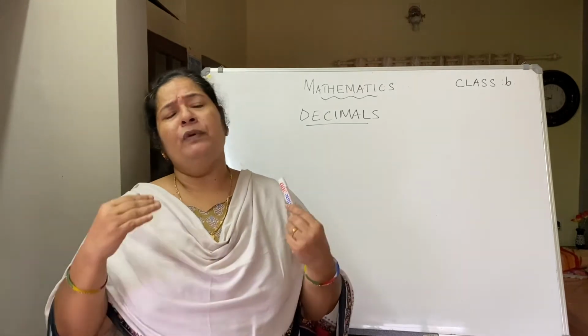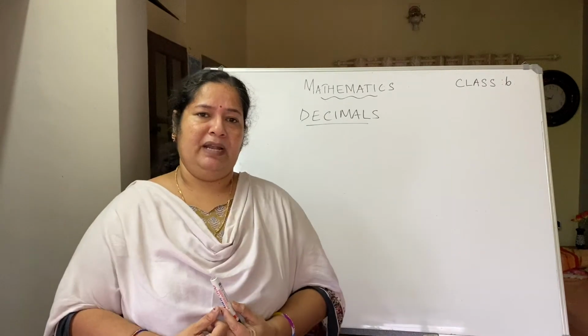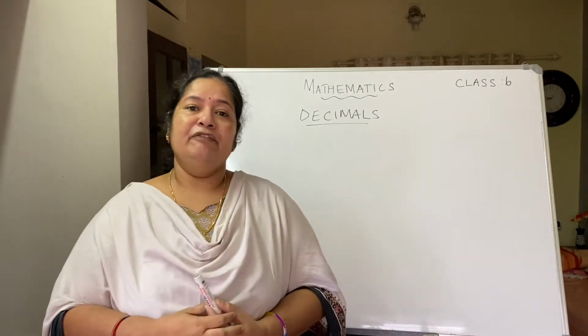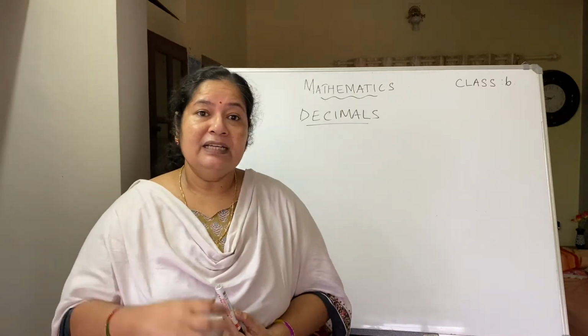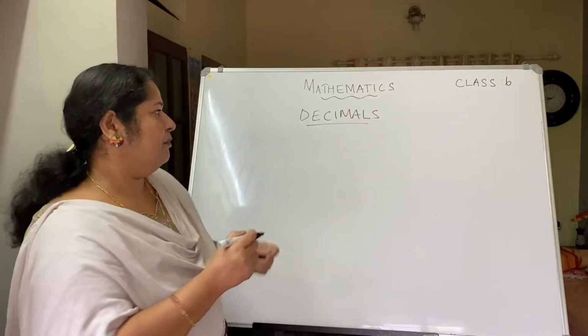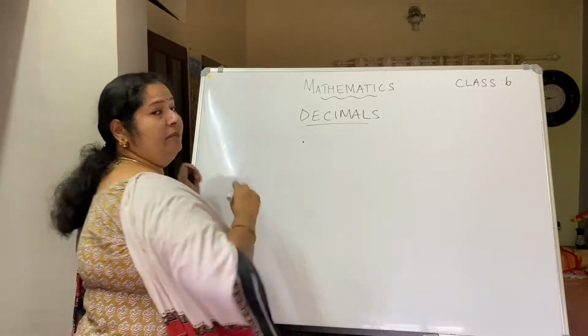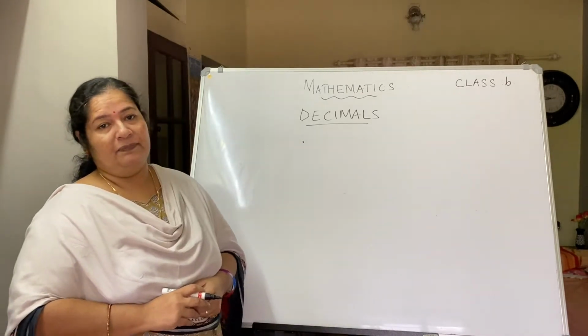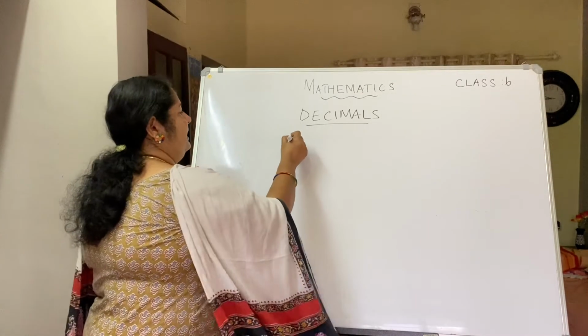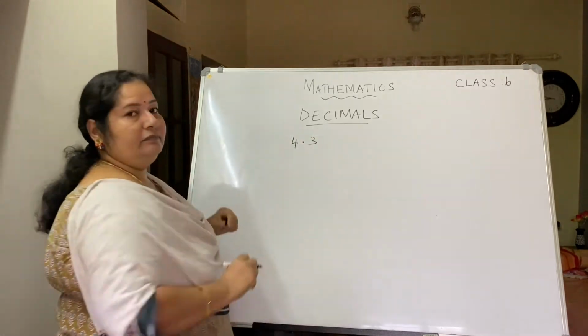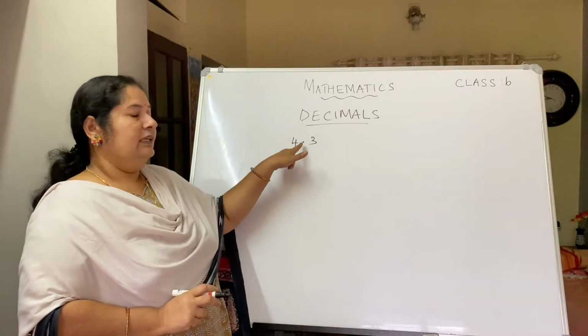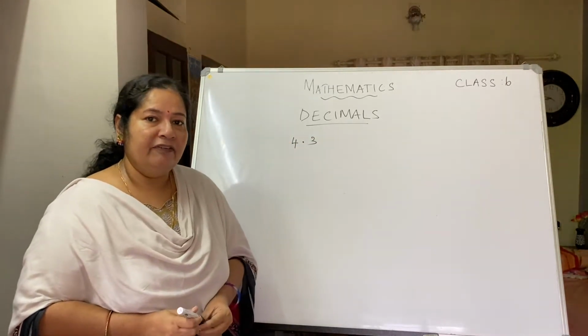Now, how will you identify a decimal? A decimal is identified by having a small dot in between the numbers. Suppose I write like this: I have written 4, a dot is put, and then I have written 3.